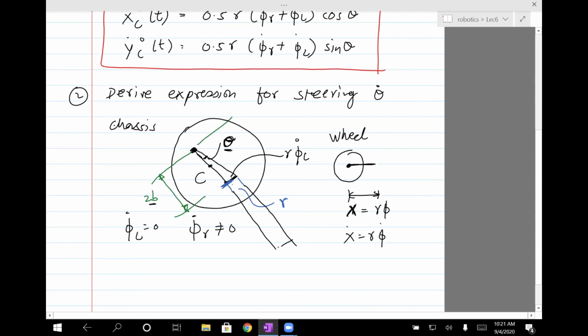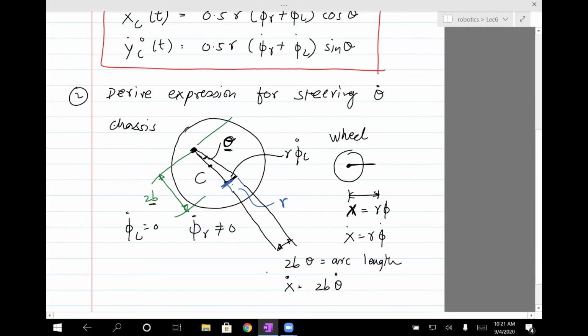This arc length is going to be 2b times theta. But in this case, we are trying to find the rate of change of arc length. So the speed is going to be simply 2b times theta dot. I'm just taking the derivative of both sides to get the expression for the speed.